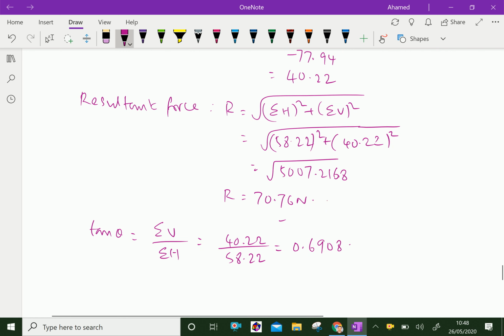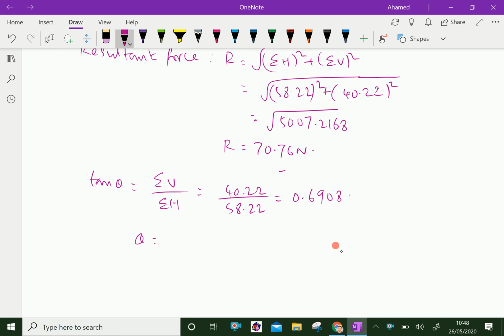equals 0.6908. Therefore theta equals tan inverse 0.6908, which gives 36.64 degrees to the horizontal.